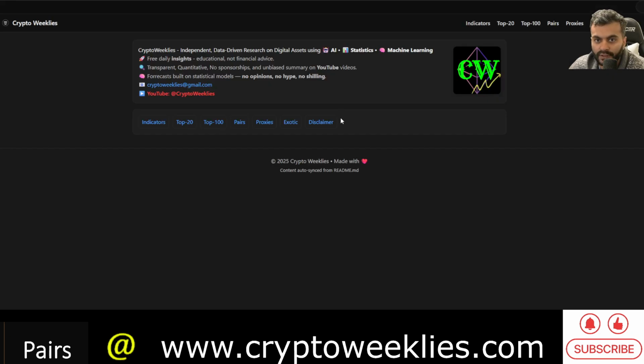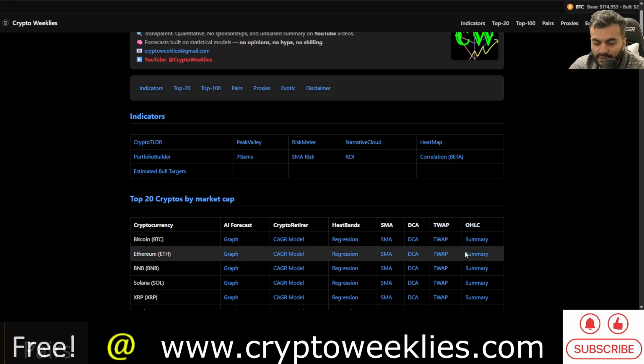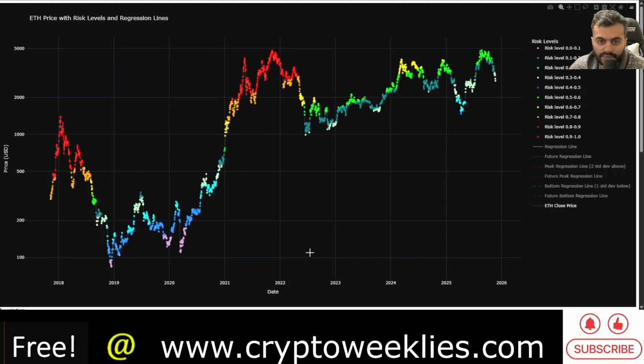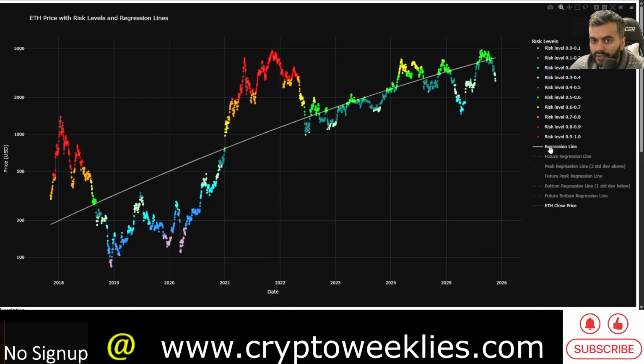Same goes for ETH. Slightly less history for ETH, but starting with 2017, the linear regression based valuation for ETH comes at a fair value of around $4,100. Price is below the fair value.